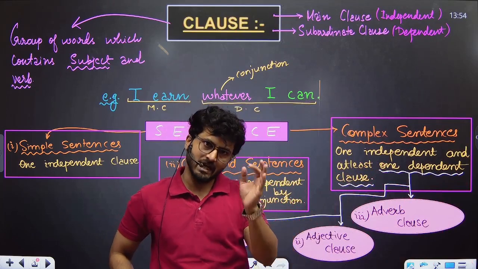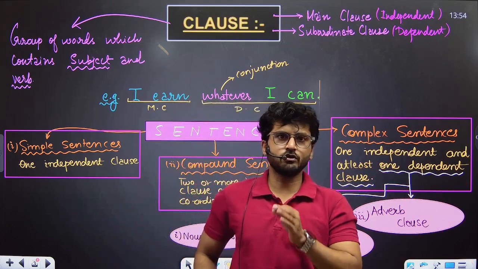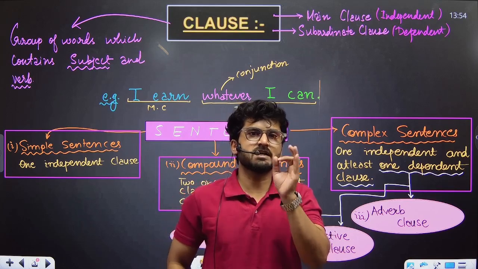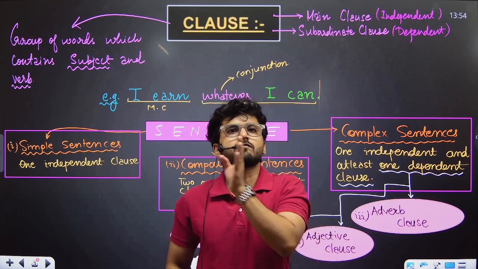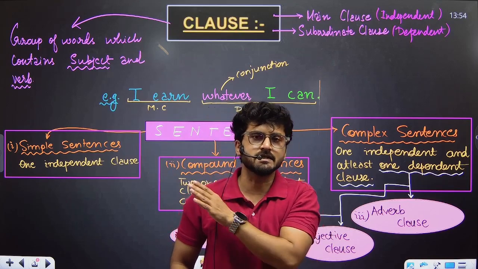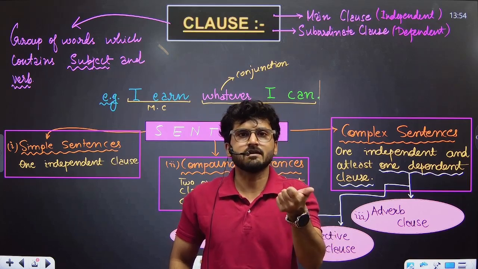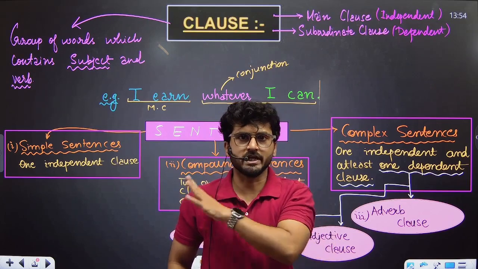And then we have the adjective clause. In that I told you, whenever you get the WH part, check the noun or pronoun before that WH part, and check whether the dependent clause is talking about that only or not. If it is talking about that noun or pronoun, then you are going to call it an adjective clause.